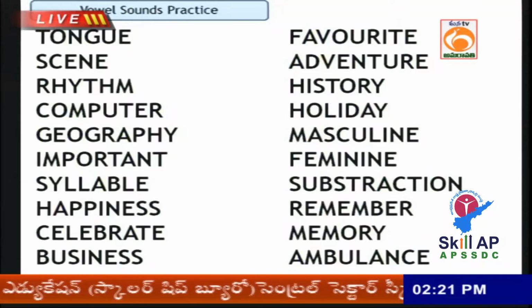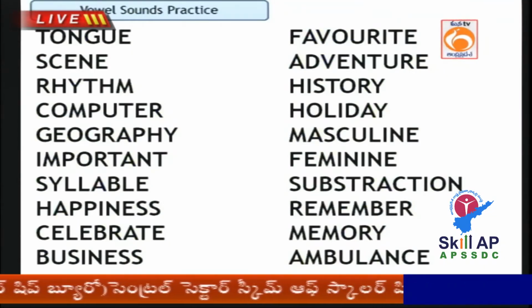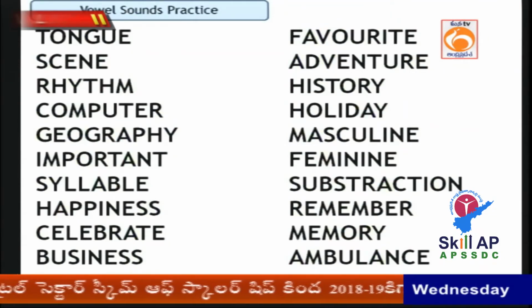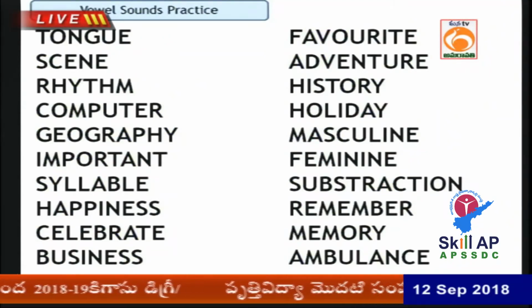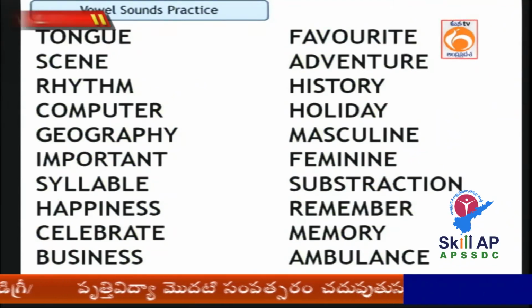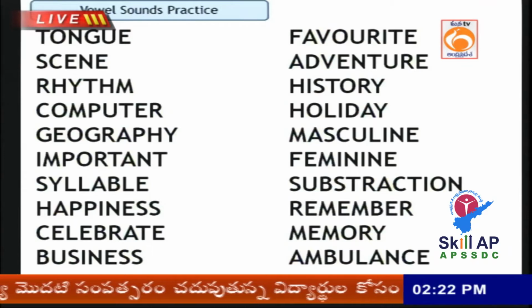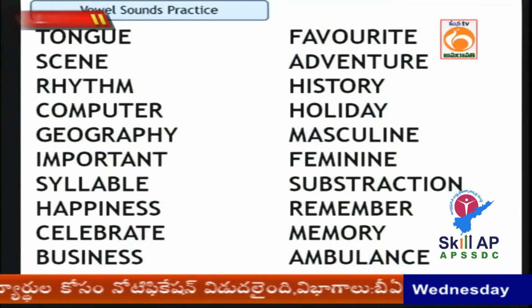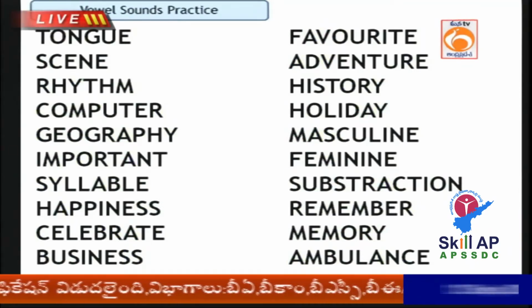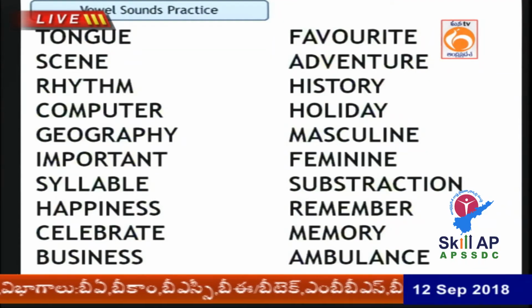Business, favorite. Adventure, history. Holiday, masculine. Feminine. Subtraction, remember. Memory, ambulance.